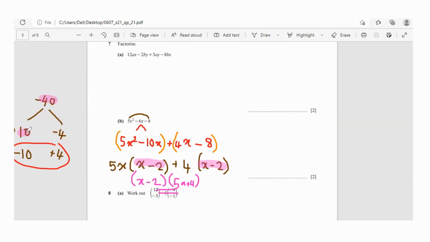They find the multiple, they do it right, but most of the time they don't write the proper sign. So if you write -4 plus 10 here, then it's not going to be correct. It will be incorrect because it will not add up to -6. It will be +6. So you have to be very careful to choose which sign.